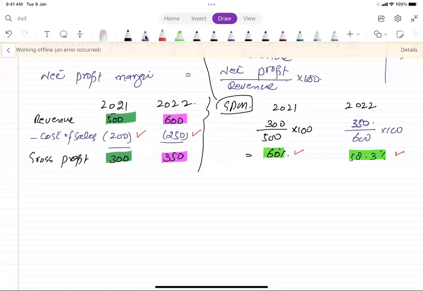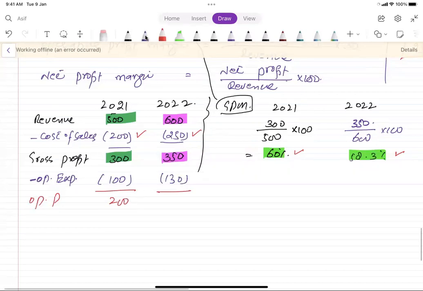Okay, let's minus the operating expenses. For example, operating expenses are 100 and 130. What is the operating profit now? That is 200 and 220. Let's minus all the other things, for example interest: 100 and 115.